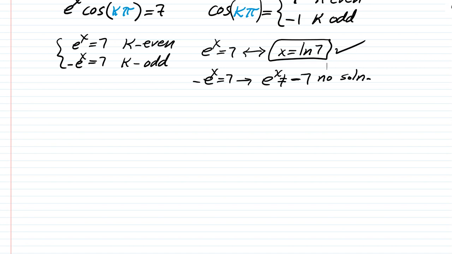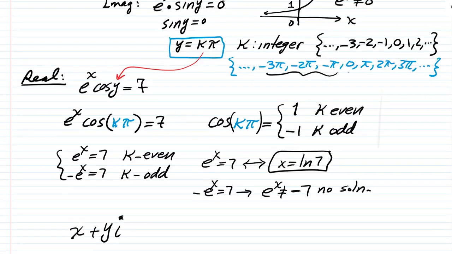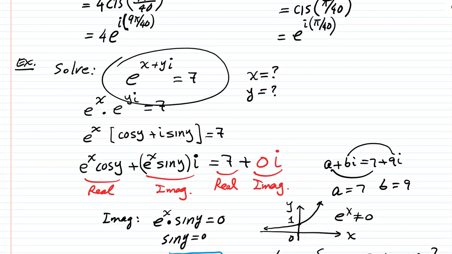Therefore, we found one solution for the real part, didn't we? Now x should be natural log of 7. Therefore, when we have x plus yi, remember the original equation was e to the x plus yi equals 7.